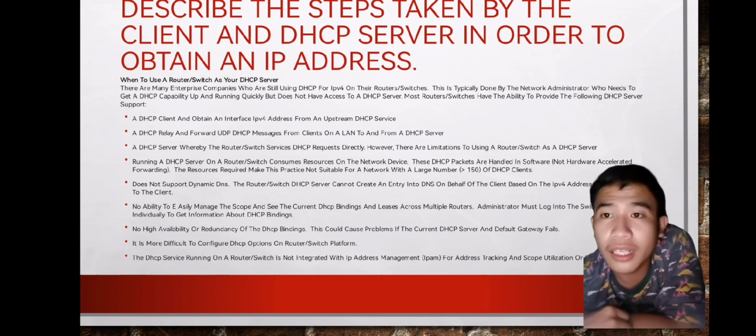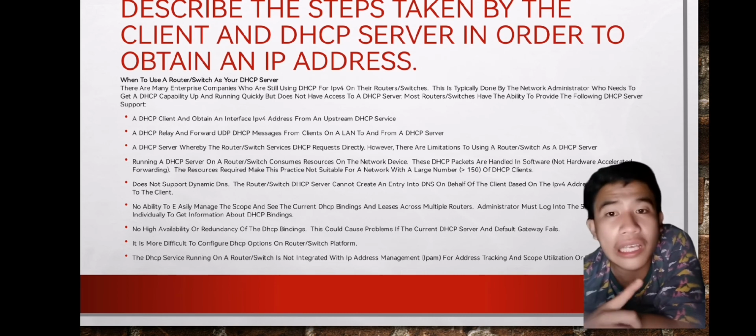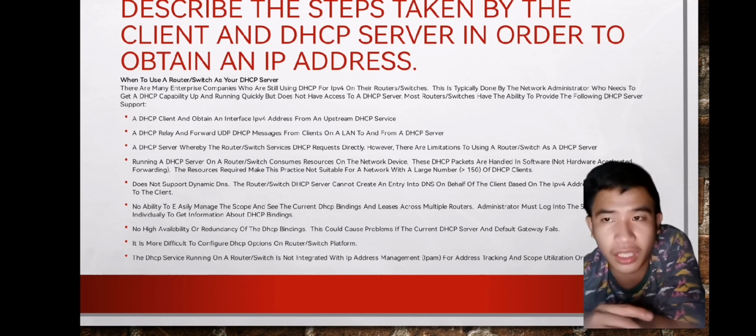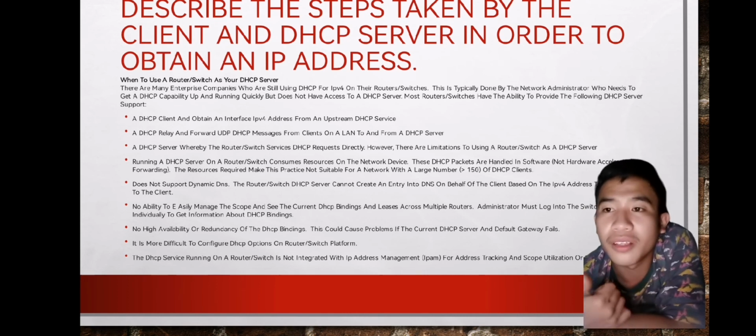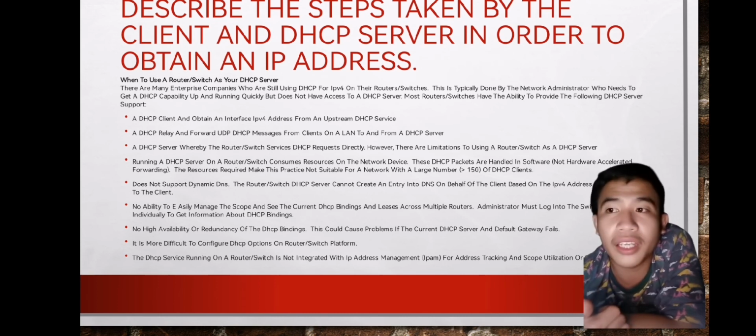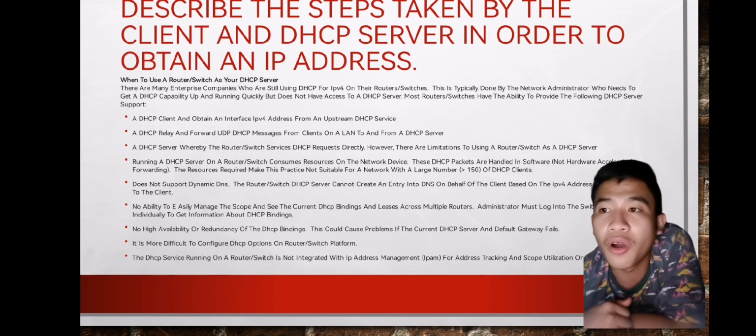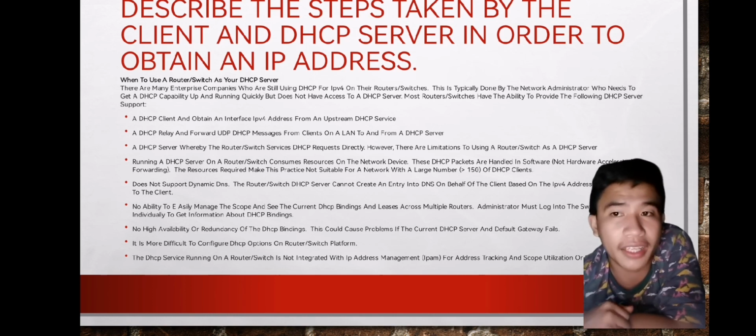Fifth, it does not support dynamic DNS. So take note, dynamic DNS. The router DHCP server cannot create any entry in DNS on behalf of the client based on the IP version 4 address that was leased to the client.